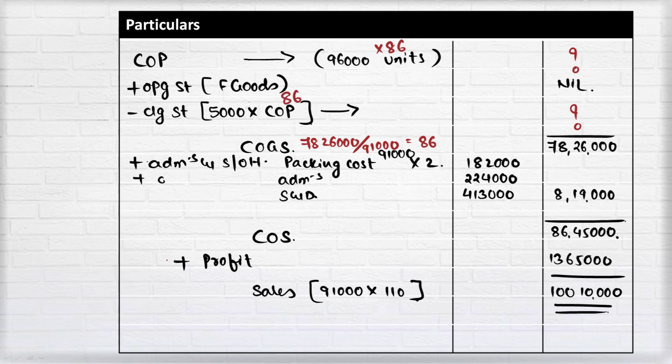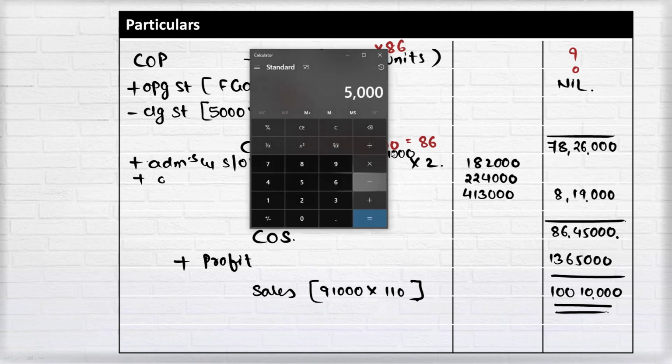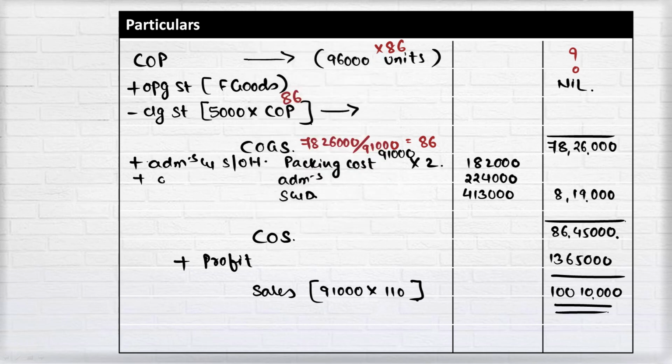So COGS will be also valued at 86. Is it alright? See, in your trading account, you do this opening plus purchase minus closing. Everything is valued at cost. Then you can find out the cost if you are having the total answer of at least COGS. So 5,000 into 86, I will be getting the answer. Four lakh 30,000.